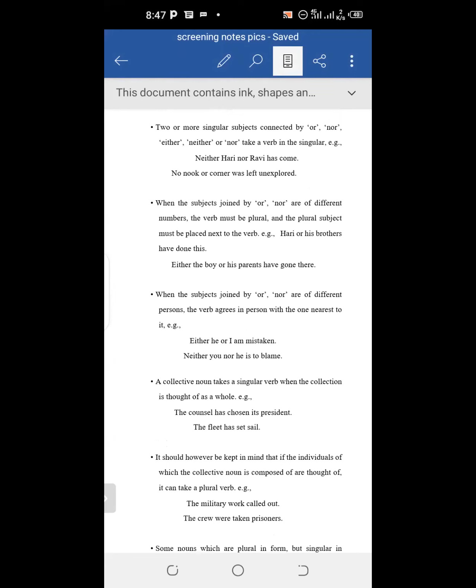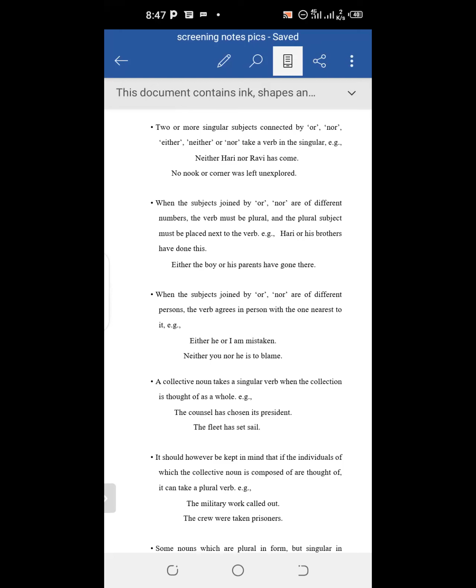But you will have to see the nature of the subject before them and after them. If before there is a singular subject, and after there is still a singular subject, in this case you can go for the singular subject, like neither Harry, what is Harry, singular subject, nor Ravi, what is Ravi, singular subject, has come.